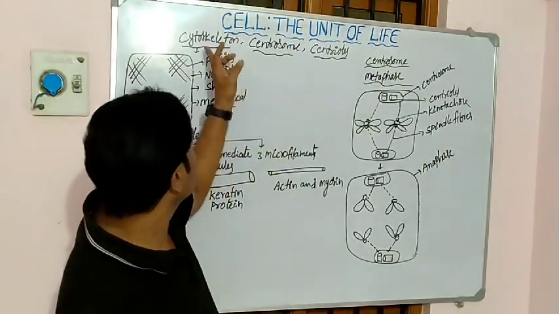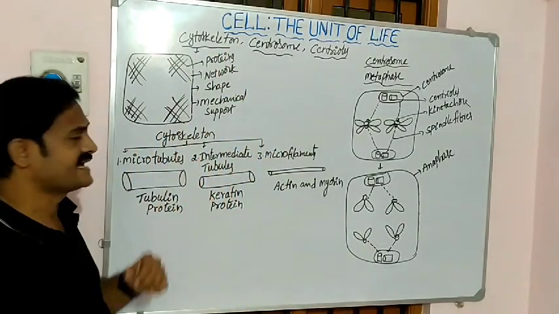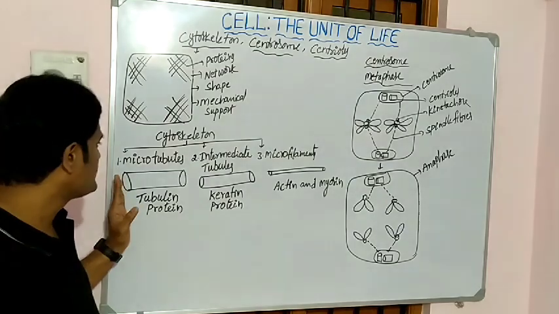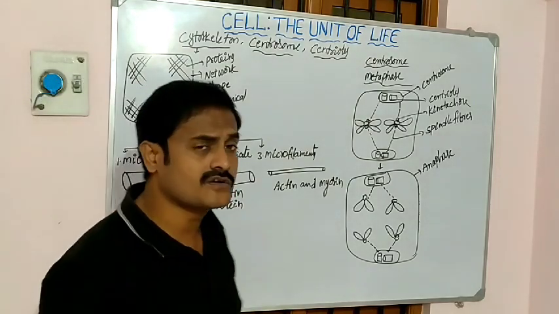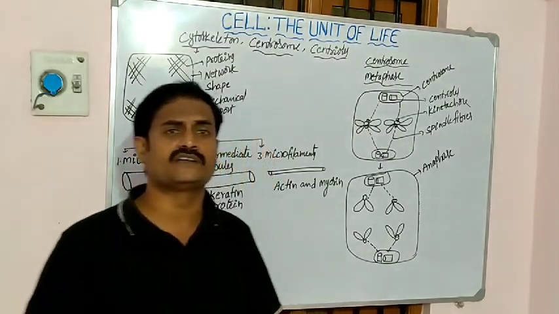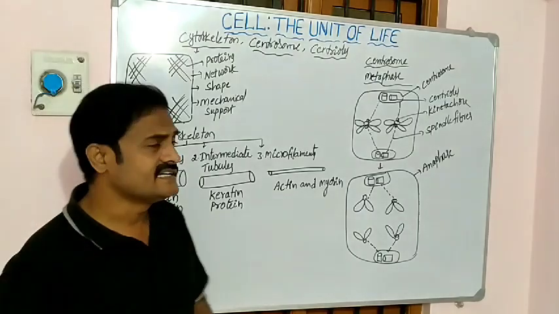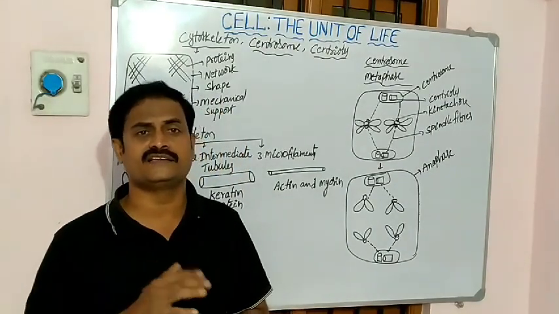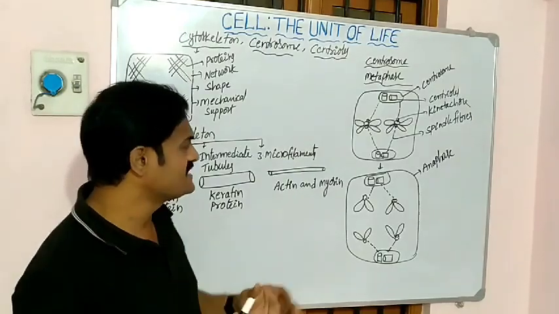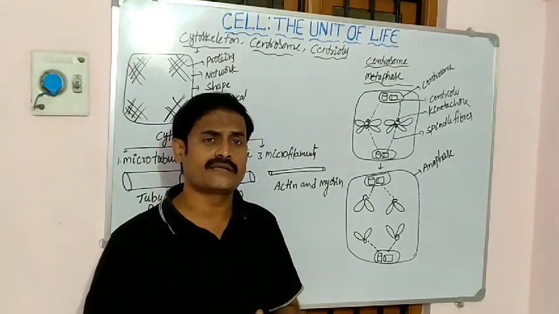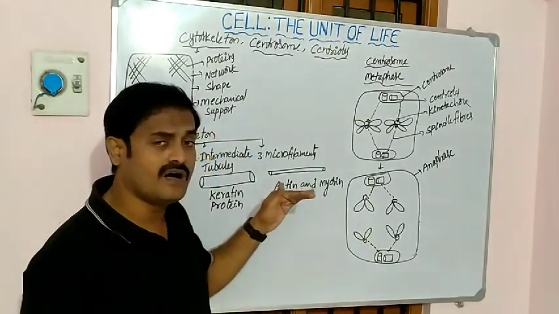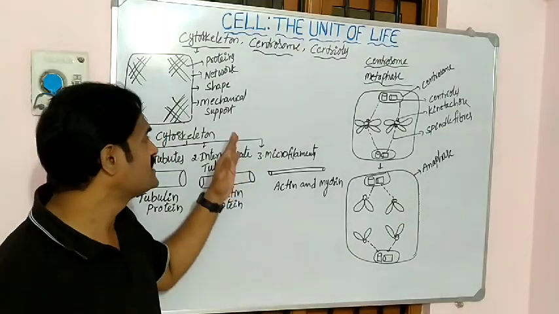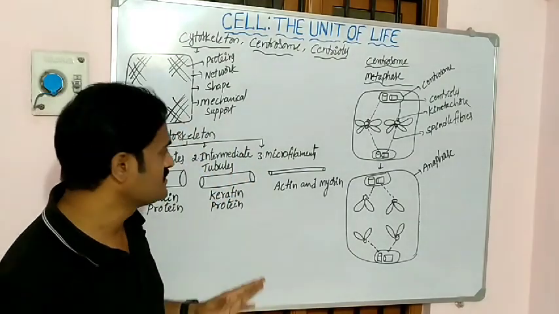Now coming to the cytoskeleton. In the cytoskeleton, the microtubules are very important. Commonly they will be present in the plant cell as well as the bacteria cell. First we will discuss what kind of microtubules are present in the cytoskeleton of the plant cell.